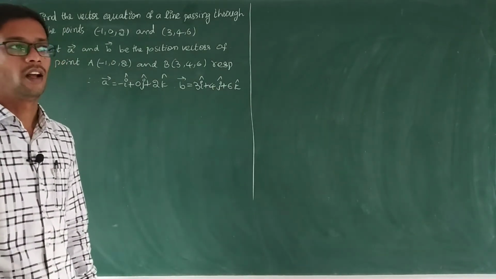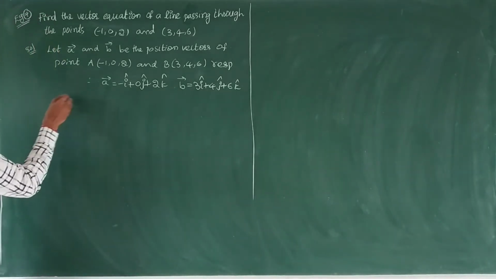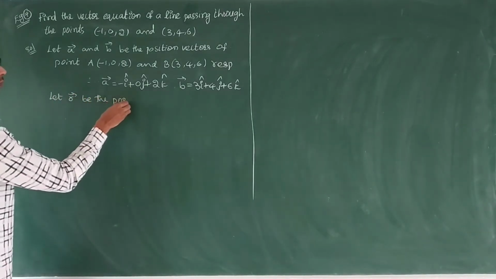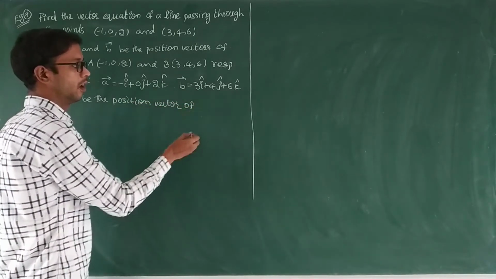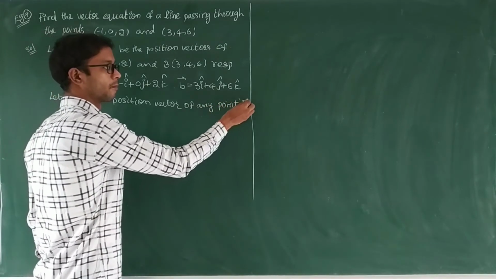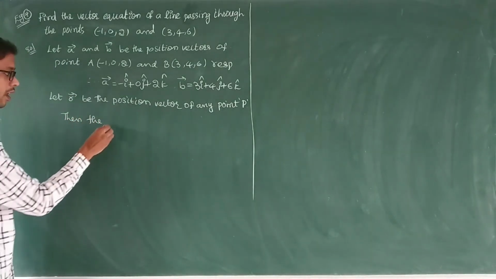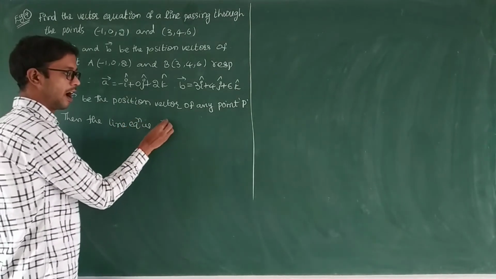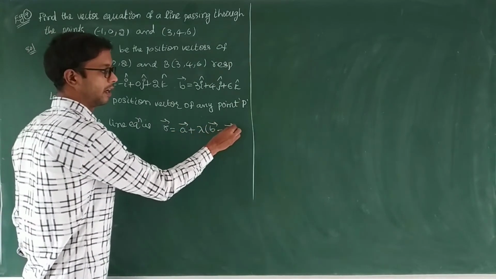Now I'll write the formula. Before that, let R bar be the position vector of any arbitrary point P. Then the line equation formula is R bar equal to A bar plus lambda into B bar minus A bar.